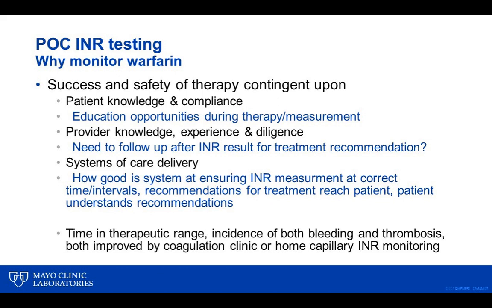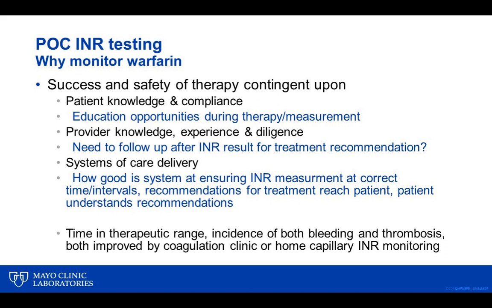And we know that by moving that to point of care, and having the coagulation clinic or the patient measure their own INR at home, we eliminate a lot of variables in these systematic issues: knowledge, compliance, education of the patient. All of that happens better when we measure the INR and give real-time education to the patient, as opposed to having patients come to the lab and then relying on the provider to convey the message at another time.